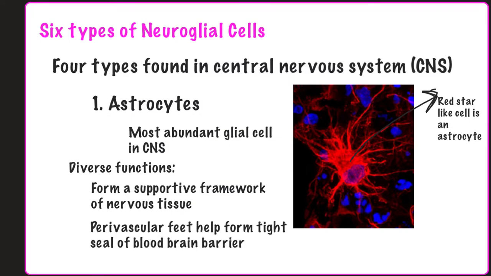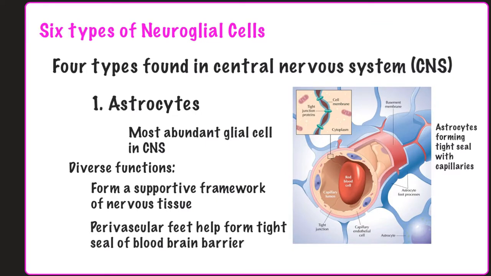The blood-brain barrier is really important because it doesn't allow everything to travel from the body into the brain area. It forms an extra barrier there so that only certain small particles can come in from the body into the brain.